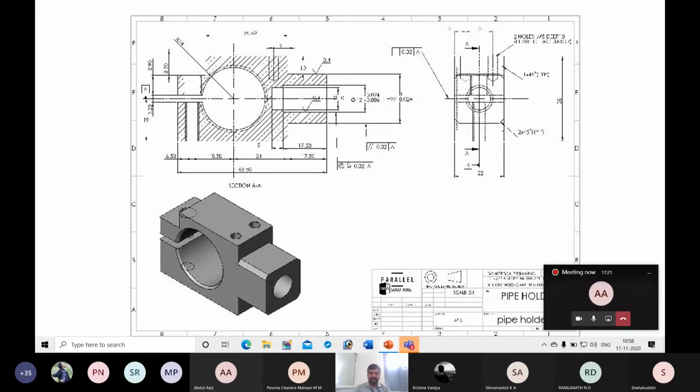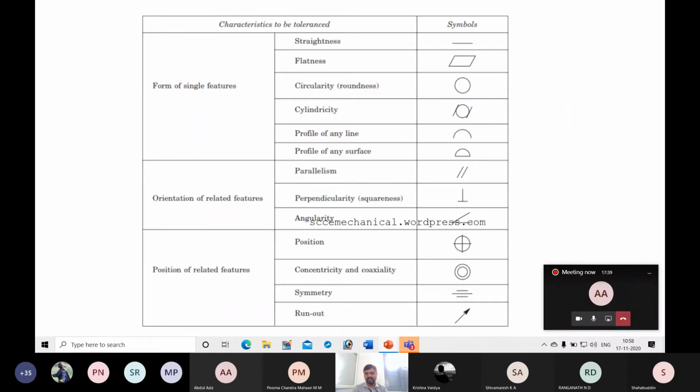There are dimensions, and before the dimensions you can see different symbols. These are based on GD&T concepts, which we will discuss. These are some of the GD&T symbols that you should remember.